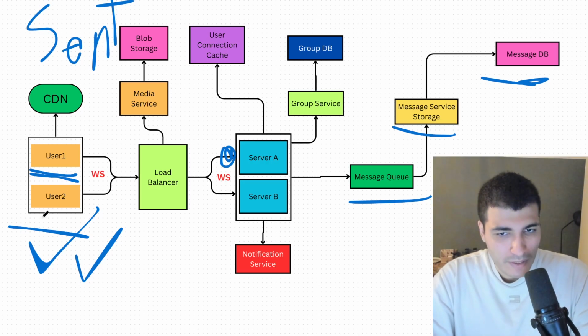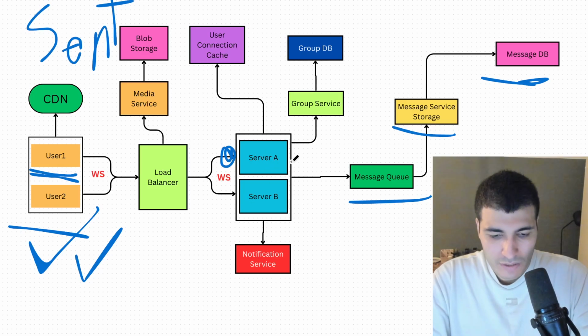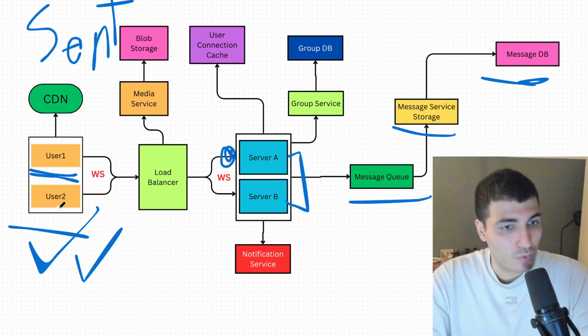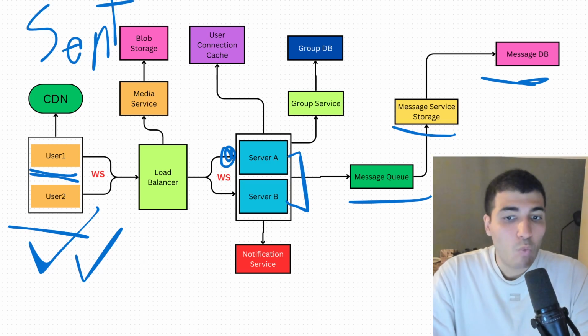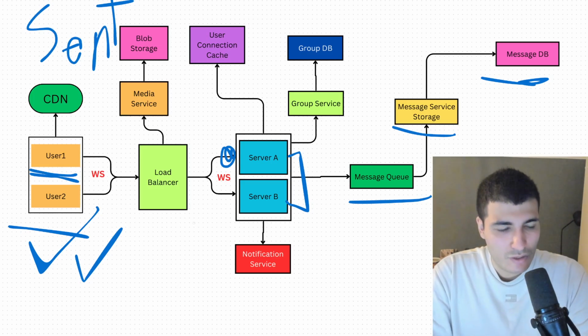So when user B's app acknowledges the receipt, server B will forward the acknowledgement to server A. Again, when server A stores the message in the message DB, it sends an acknowledgement to user 1. And when server A sends the message to server B, so server B can send it to user 2, server B will forward the acknowledgement to server A once user B's app acknowledges that it got the actual message.